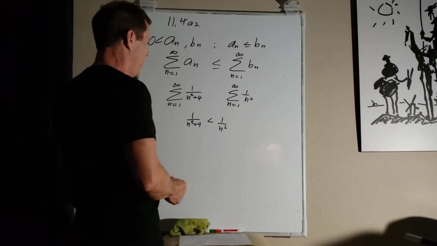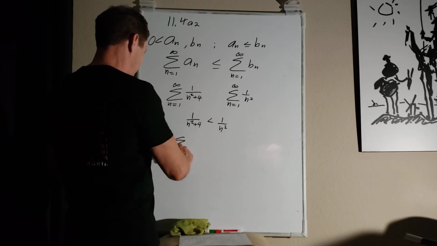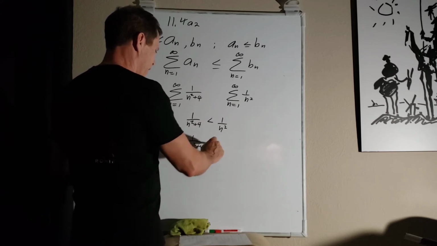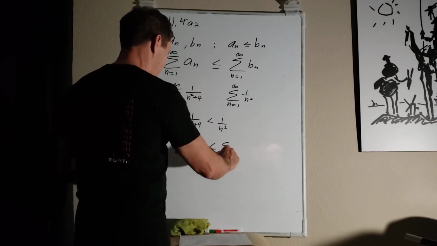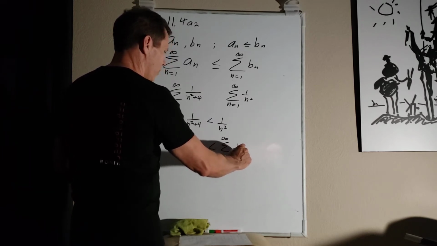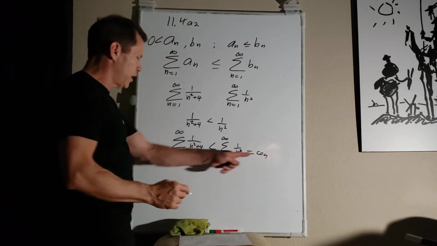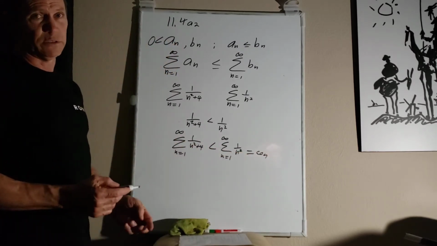So what do I know about the summation n equals 1 to infinity of 1 over n squared plus 4? I know that's less than the sum n equals 1 to infinity of 1 over n squared. And I know this one converges, so I automatically know that this one converges.